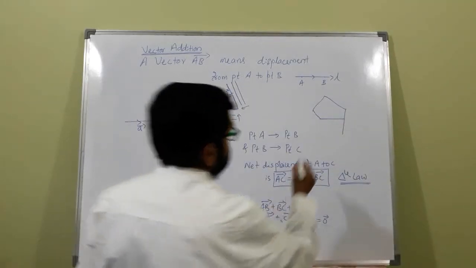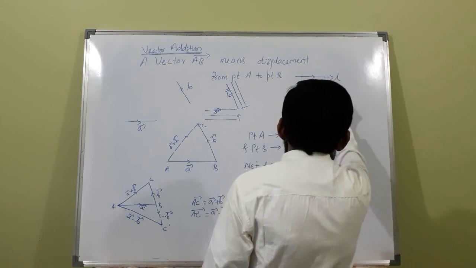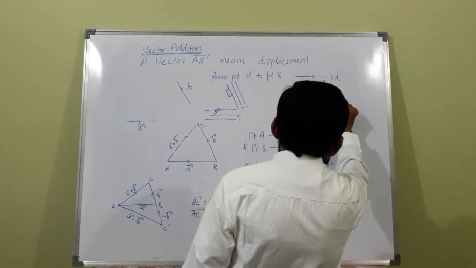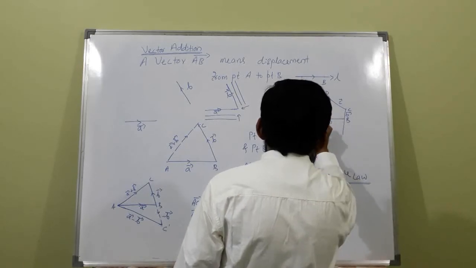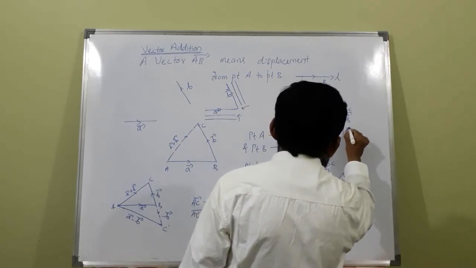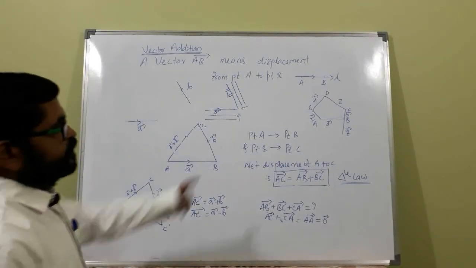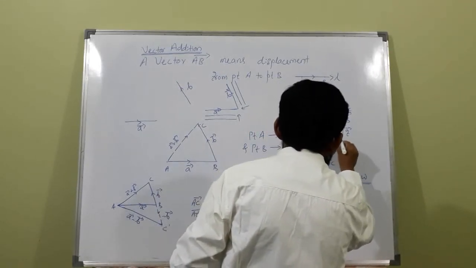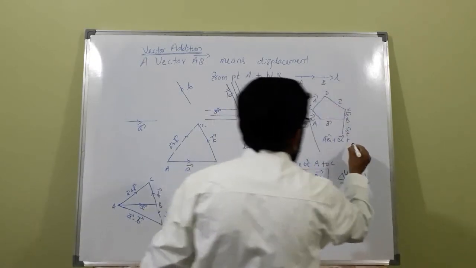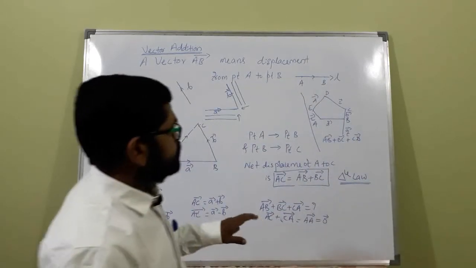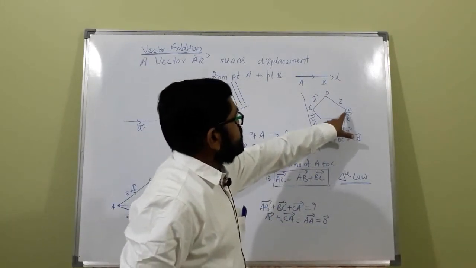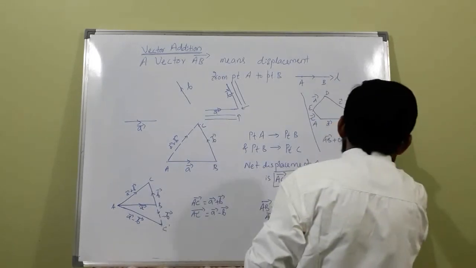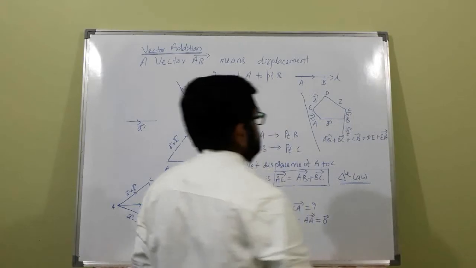Suppose this is a polygon. Let us name the vertices A, B, C, D and E, and suppose this is vector F. What is the sum of AB plus BC plus CD plus DE plus EA? Please try to understand.